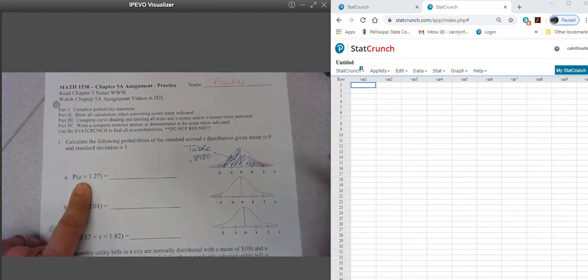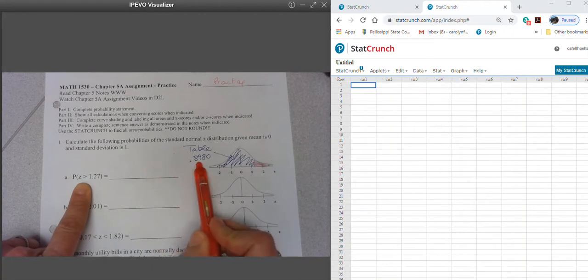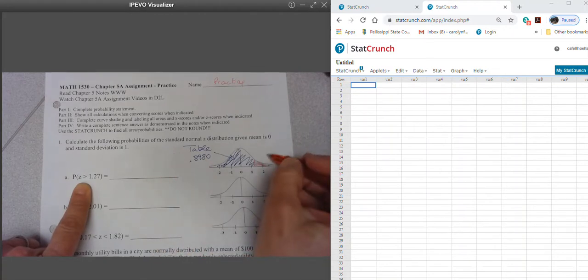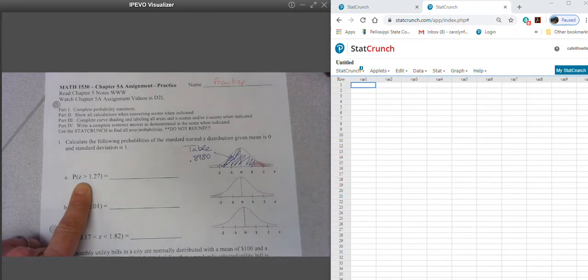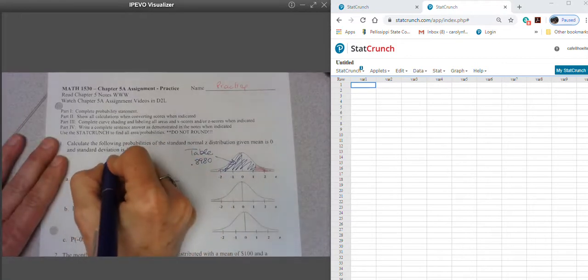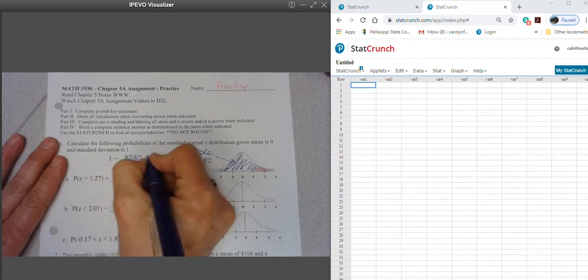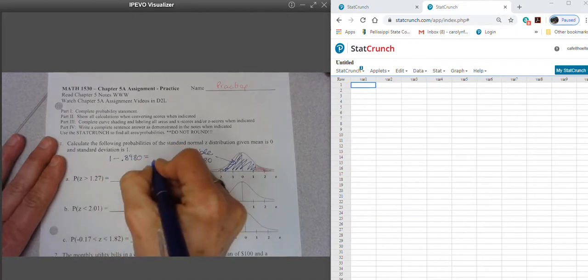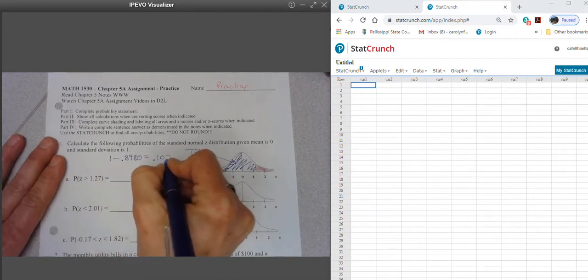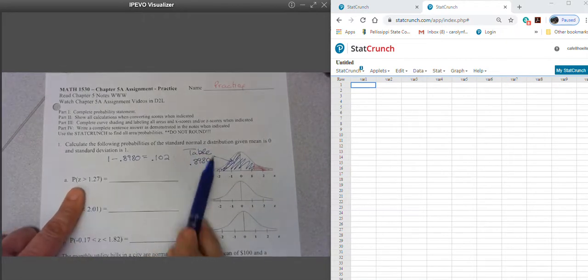But since we want this area to the right, we're going to have to do 1 minus 0.8980 to get this area over here to the right. So let's do that. If we do 1 minus 0.8980, we get 0.102. So that is how you would do this problem using the tables.